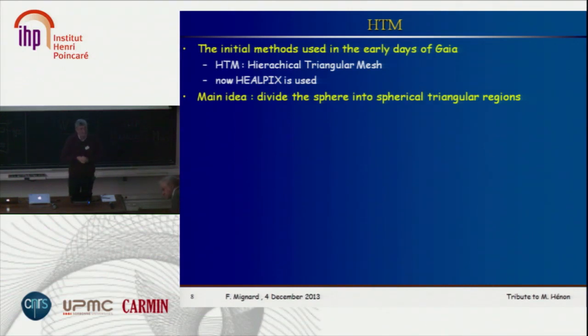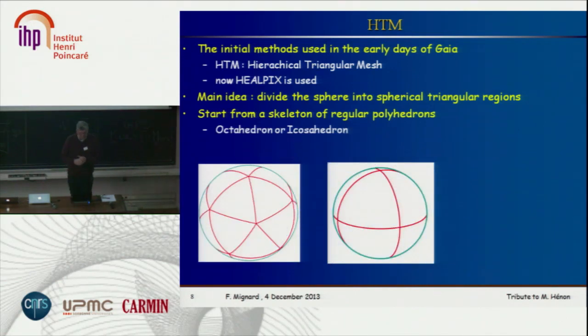The main idea in HTM is to divide a sphere into spherical triangular regions. So you need to start from the skeleton. The skeleton is the octahedron for HTM, but it could be as well the icosahedron with 20 faces. This is the octahedron here.